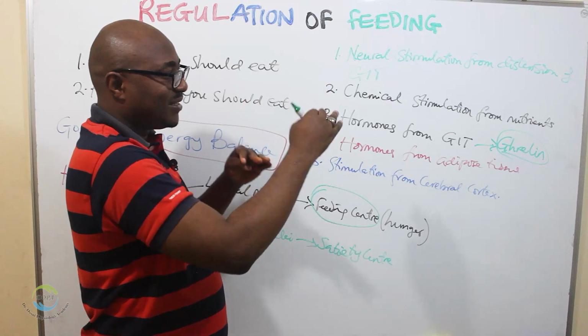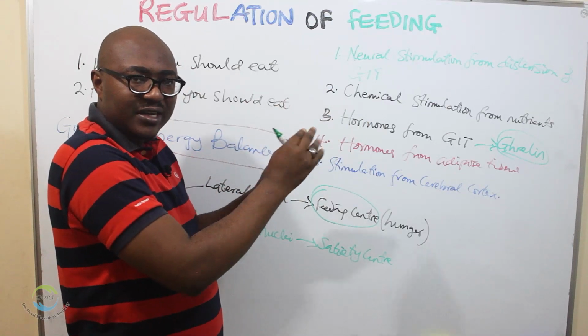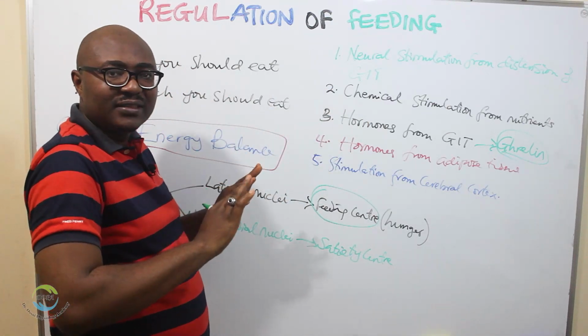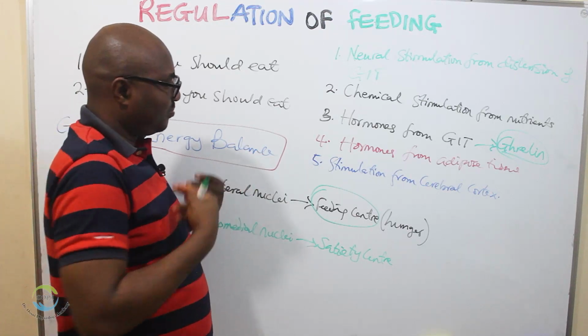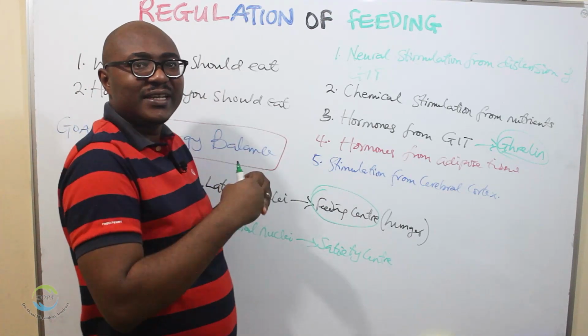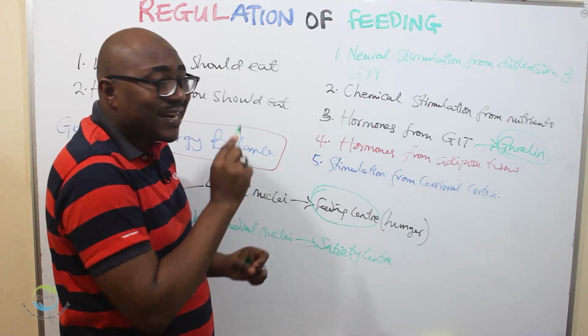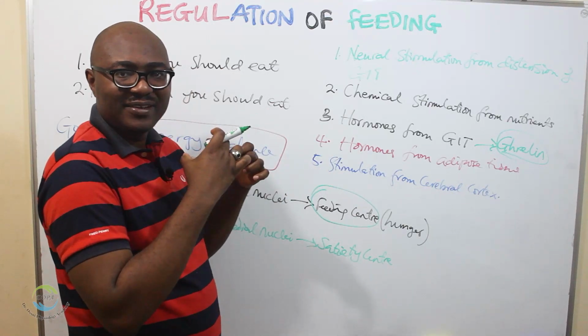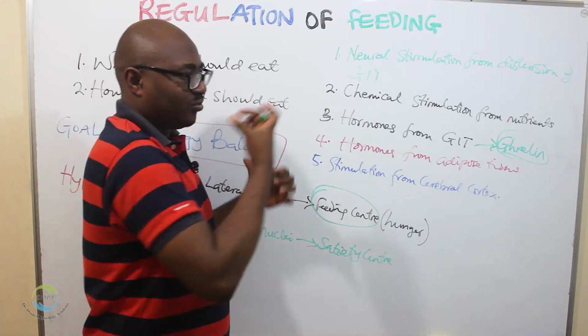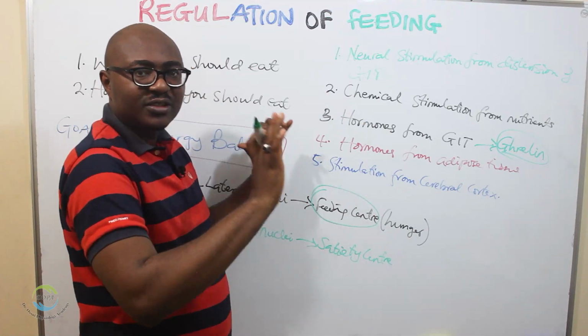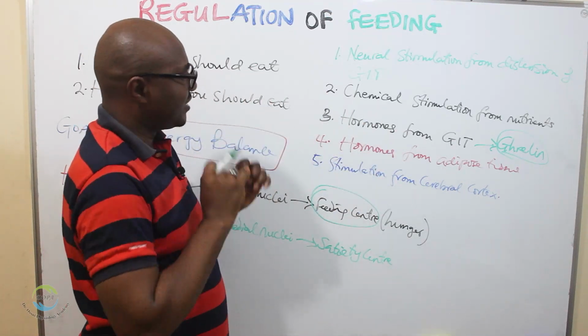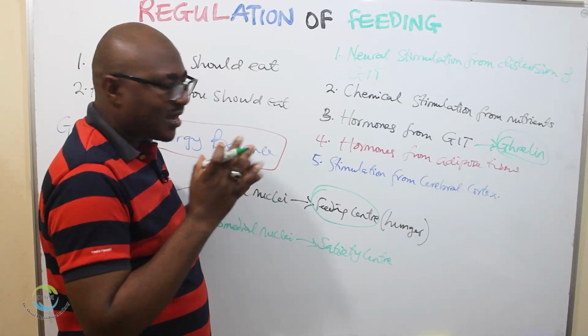Because it's no longer stimulating, it tells the body that you should stop taking in food. So that's what it does, and it does that in the short term, between minutes and hours.